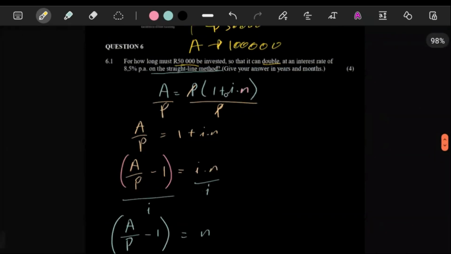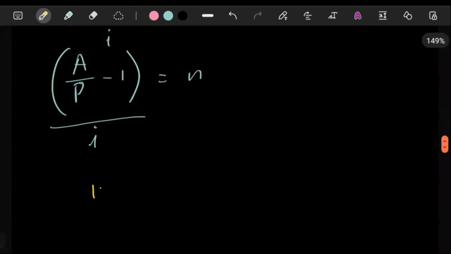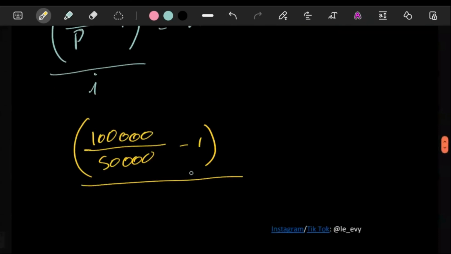And here, as we can see, we just isolated n since we're looking for the time period. So A has to be 100,000, P is 50,000, and then the whole thing over 8.5%.